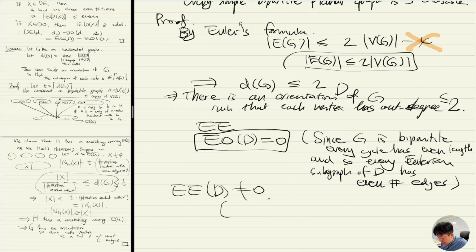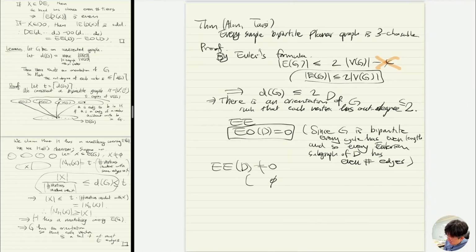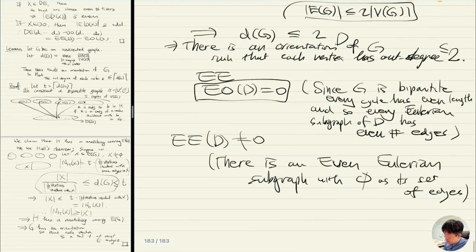Because there is at least one even Eulerian subgraph, namely the one with the empty set as its set of edges. So EE is never 0, so EO is different from EE.